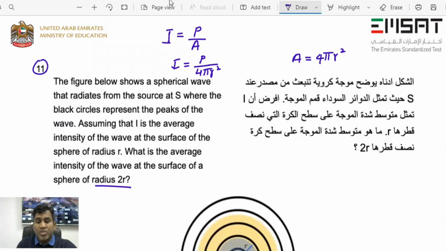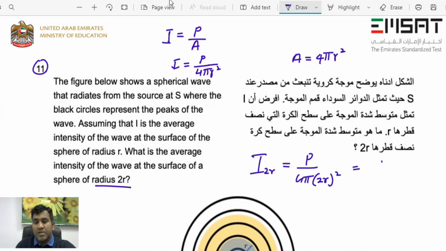Now calculate the average intensity in the second case. Let me write it for simplicity: average intensity when the radius is going to be 2R. I'm using a different notation just to differentiate from the previous one. So the formula is P divided by 4 pi times, I have to replace r with 2r now, 2r squared.